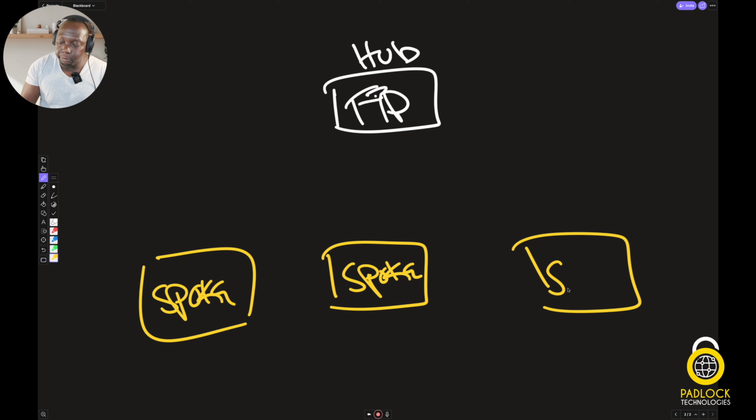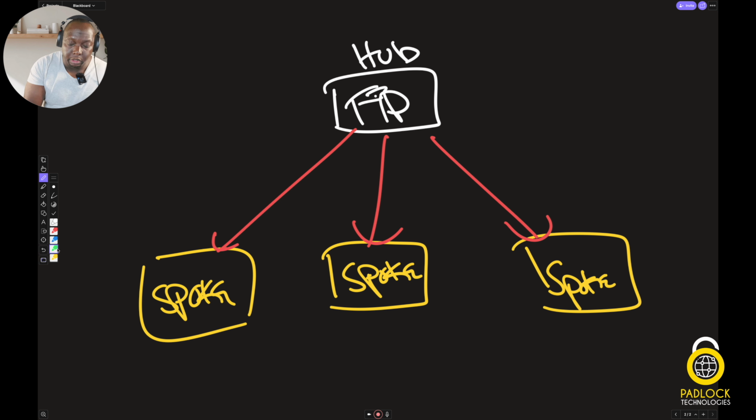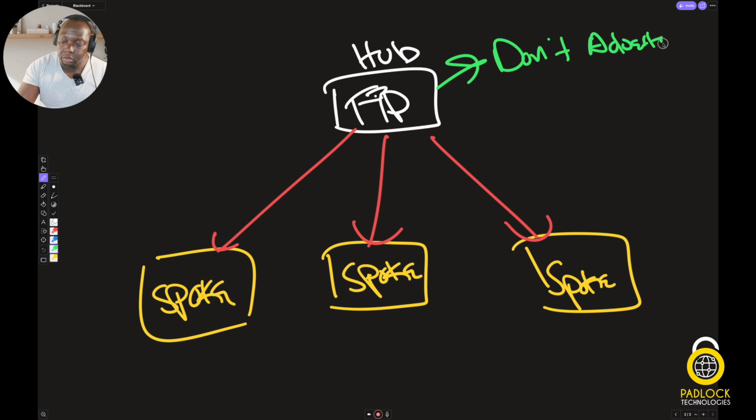So you could do hub and spoke architecture, and you would do route-based style VPN. Now in the hub, you would just say, don't advertise routes to spokes. So you don't have to worry about this happening.